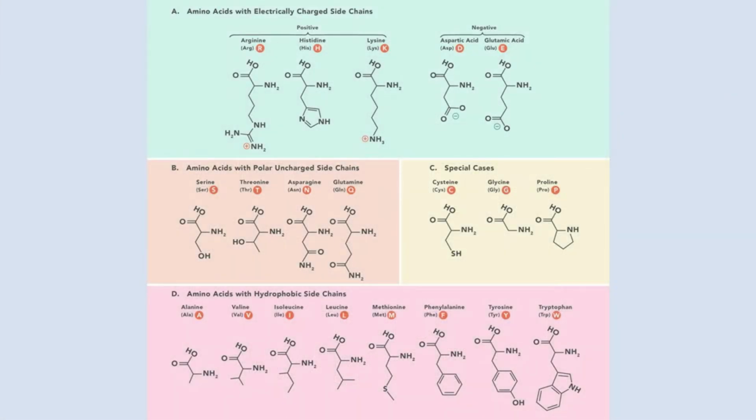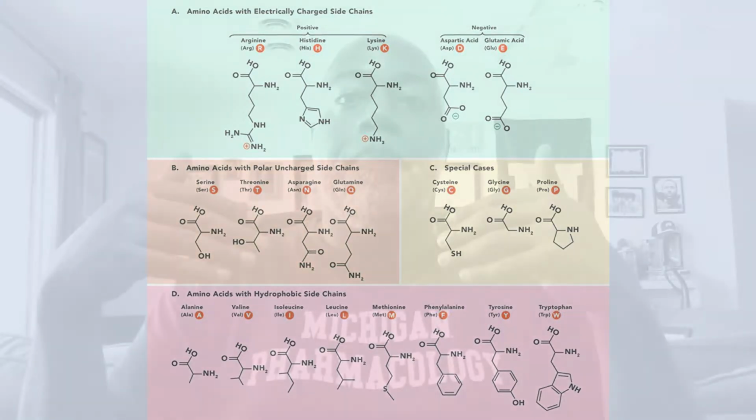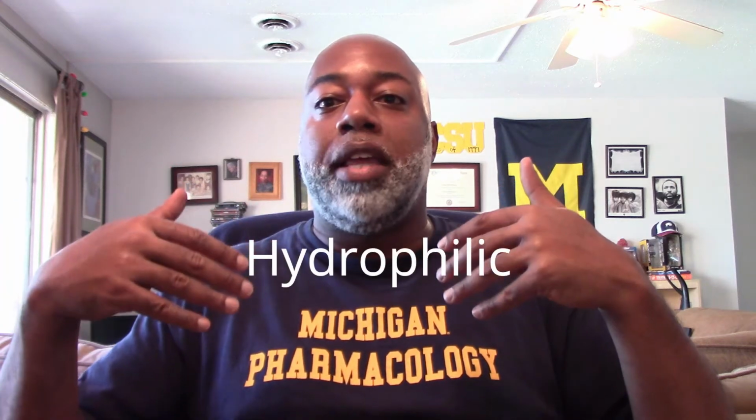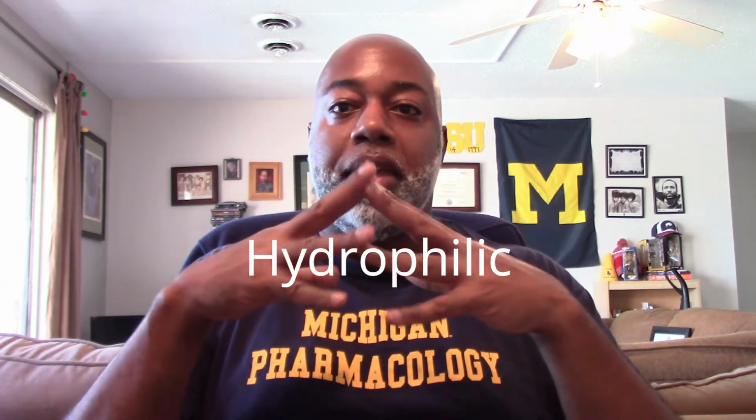So I stated that different amino acids have varying properties. Some are polar, some are nonpolar, or some are hydrophilic and hydrophobic, which means some readily want to interact with an aqueous or a water-like solution.